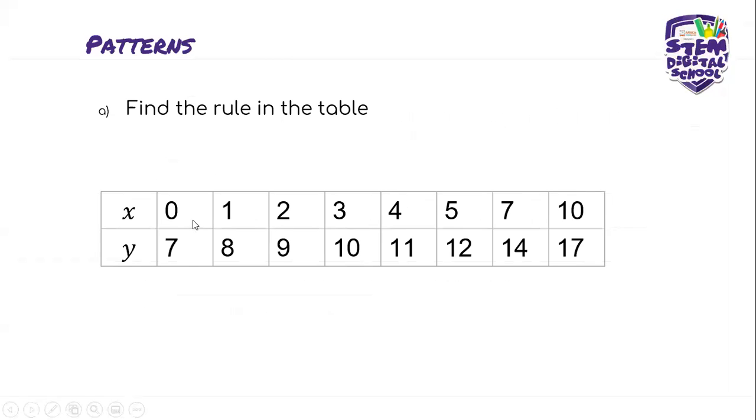So in order to find the corresponding output number, you multiply 0 by the constant difference. And we said that the constant difference is 1. So we're going to multiply 1 by 0. And if you multiply 1 by 0, you get a 0. And to get to the output, you simply add 7. So 0 plus 7 will give you 7.